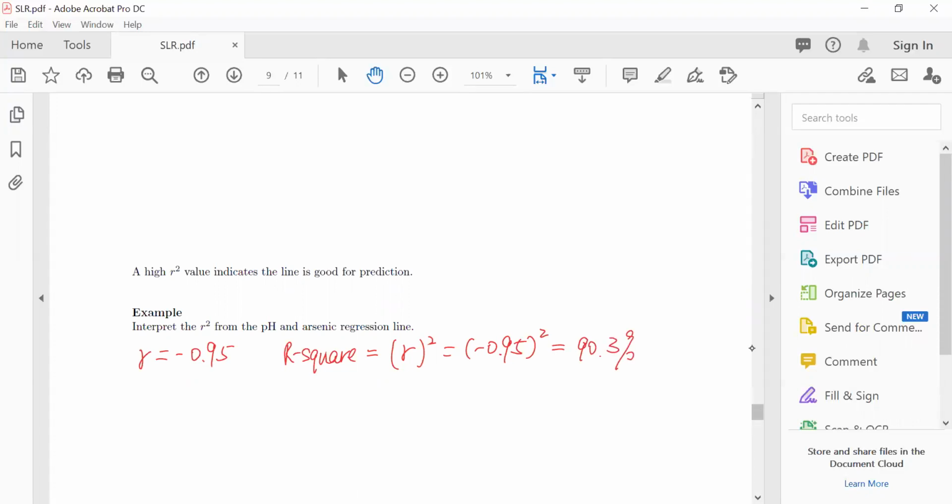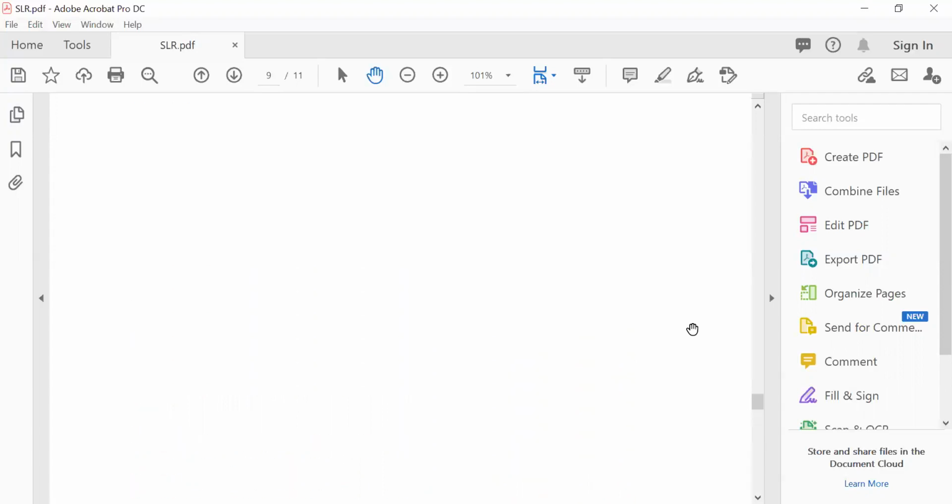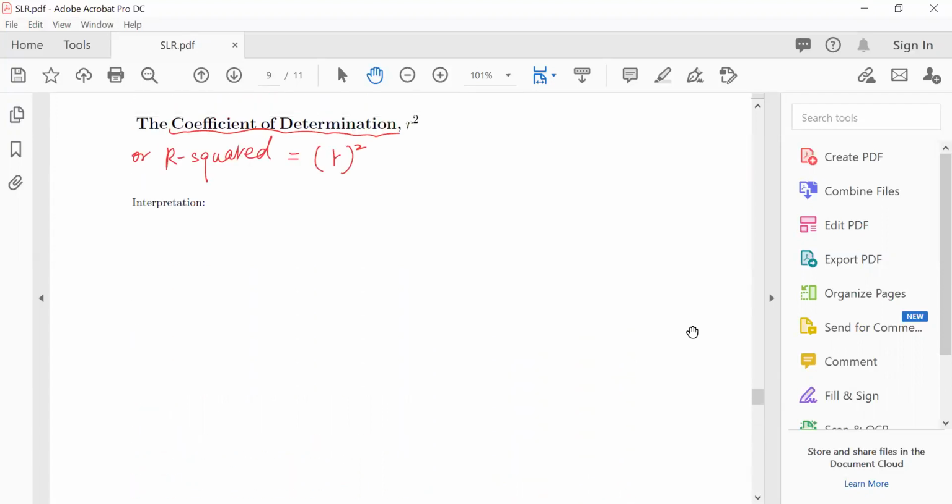That's what's shown on our StatCrunch result. So what does this r squared mean? What is this talking about? It's talking about the proportion of variation in y that can be explained by the linear regression equation of x.